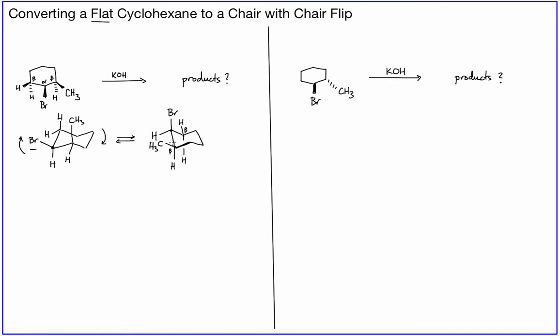Well, if you look, both beta carbons have an axial hydrogen, which I've underlined. So each of these will be abstracted. So if we eliminate across this hydrogen here, that's going to give us the following product, and I'm going to draw it in a chair form.